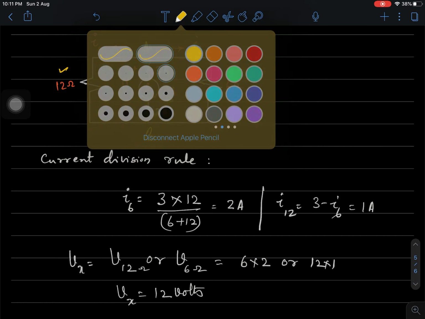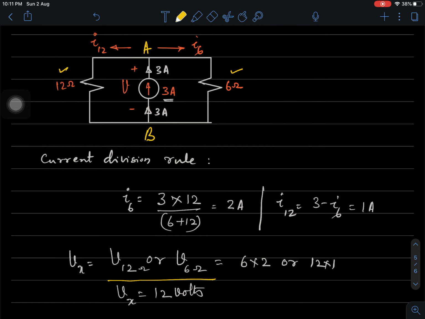Such elementary problems we need to do so as to understand these basic laws. You have done these problems in your first year, basic electrical engineering.